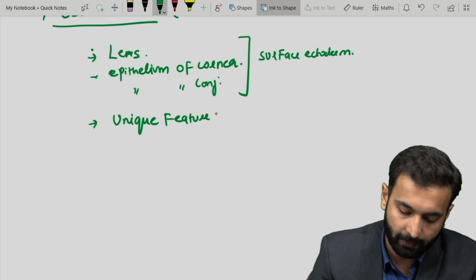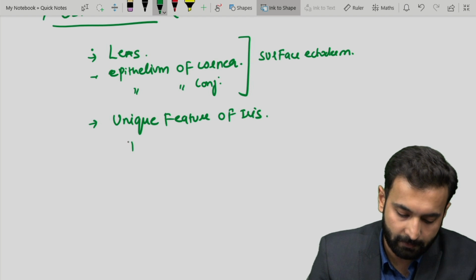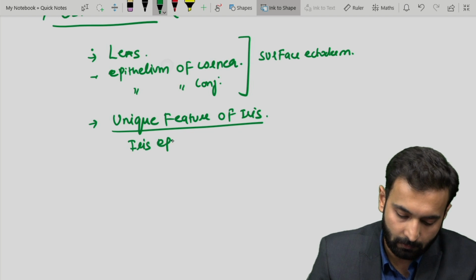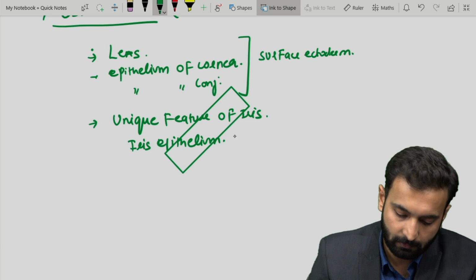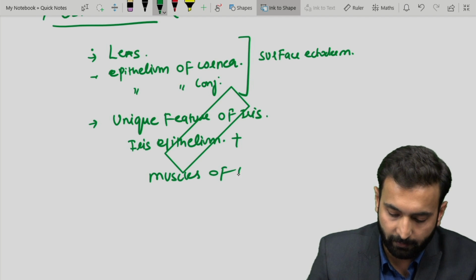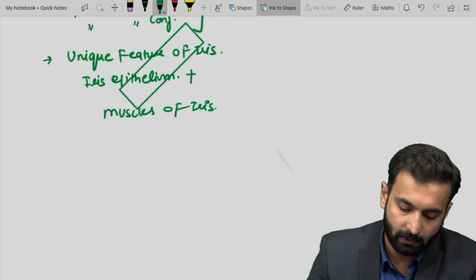Unique feature of iris is that iris epithelium as well as the muscles of iris, which are the muscles of iris?